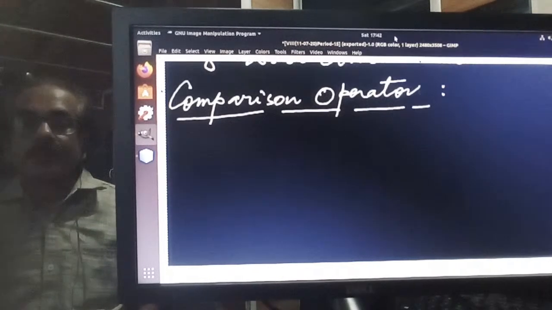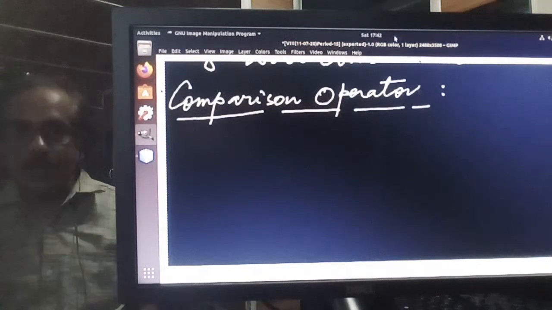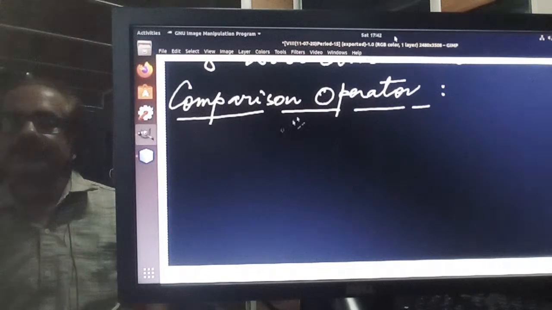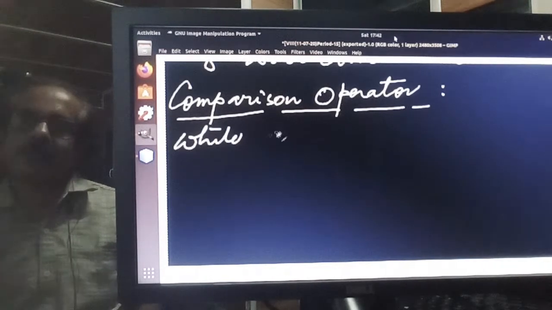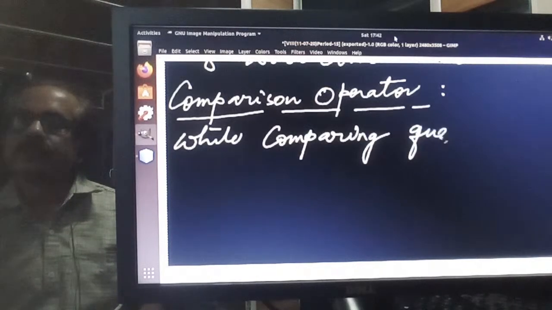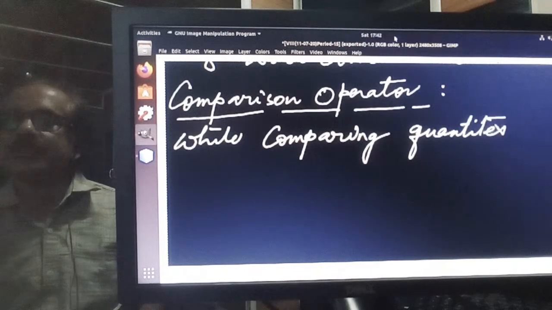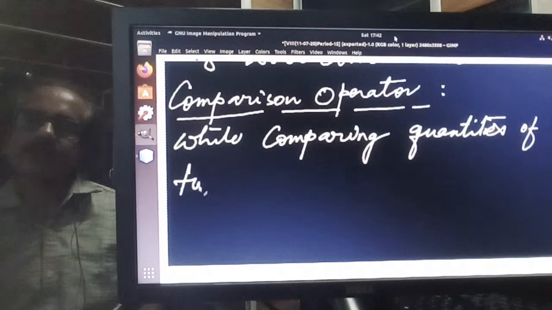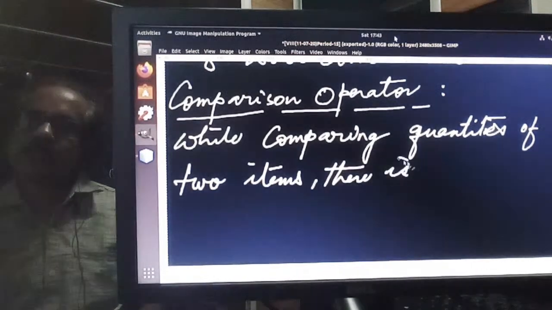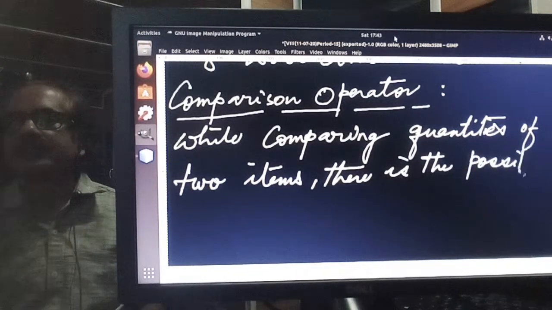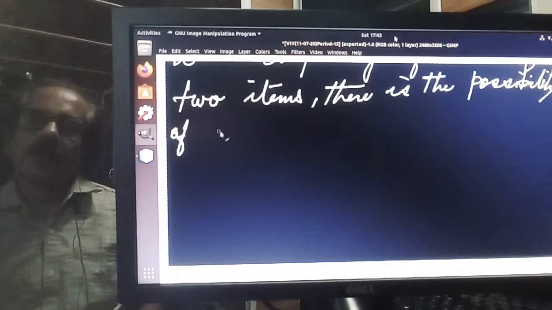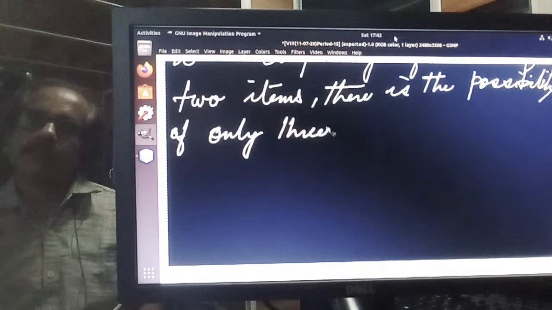As we are comparing the quantities of two items, there is the possibility of only three results.